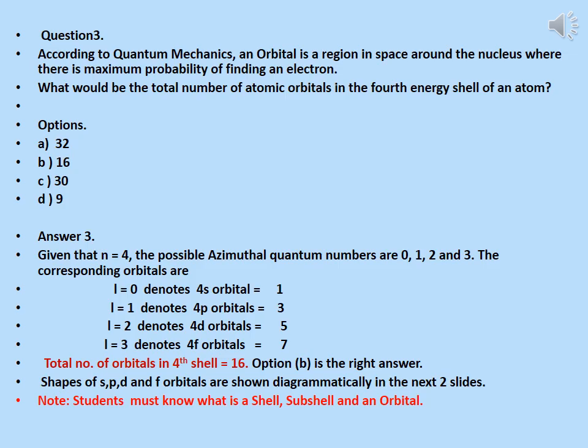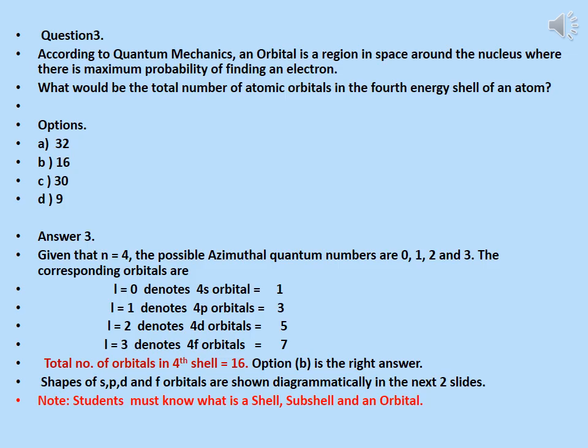Now when L is equal to 3, it denotes the f subshell, and there are 7 different types of f orbitals within this subshell.